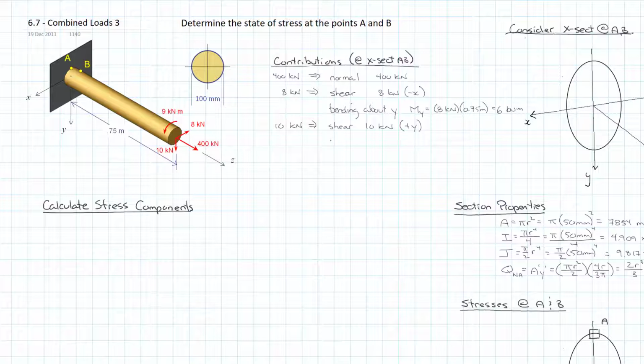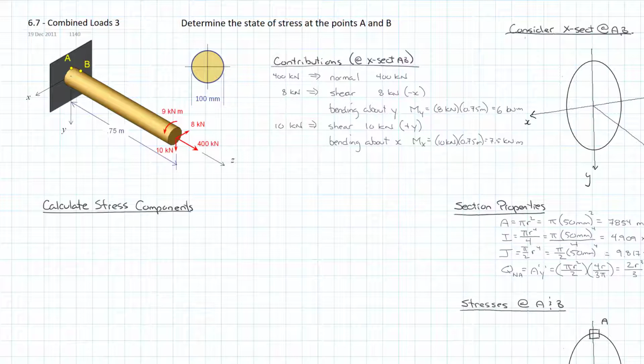Because it's displaced that 0.75 meters from that cross-section. So it does bending about the x-axis, right? Trying to bend this shaft down. And so that would be a moment about the x equal to our 10 kilonewtons multiplied by our 0.75 meters, and gives us 7.5 kilonewton meters for bending about the x.